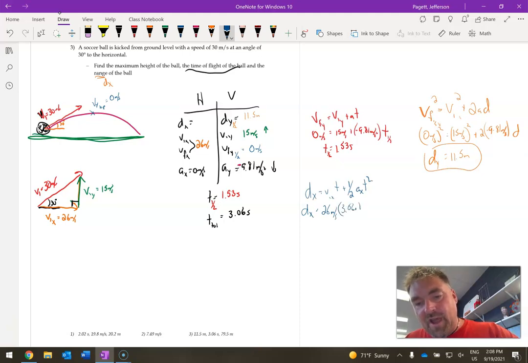Now for this one, I have to use the whole time because the ball is going to be moving forward the entire time it's in the air. Plus 1/2 times 0 times 3.06 squared. It doesn't matter because all that's 0, so that goes away. So that gives me that my dx, my range, is going to be 79.5 meters.